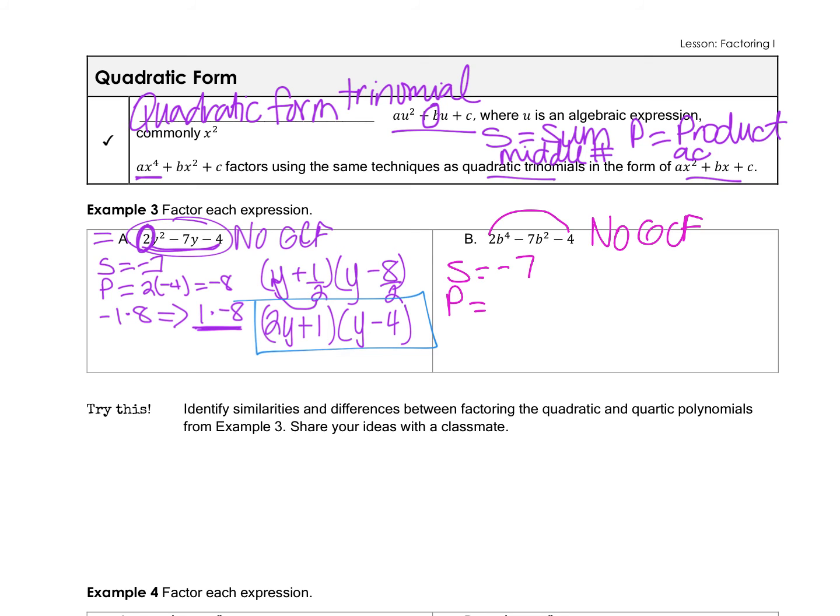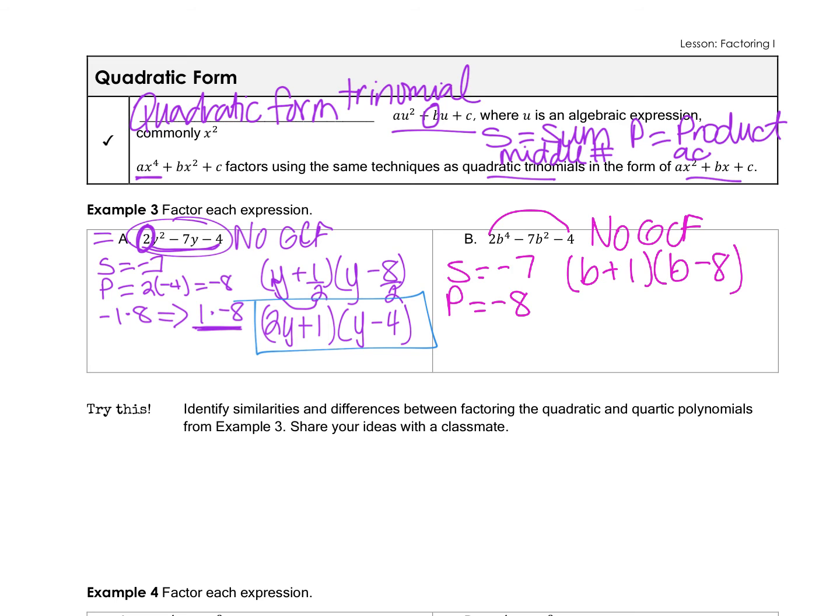My product is multiplying the outside, so that's negative 8. Notice that that is very similar. We just had that. We found the 2 numbers, so I'm going to have, it's B this time. B, we said one of them was a positive 1, the other number was a negative 8.